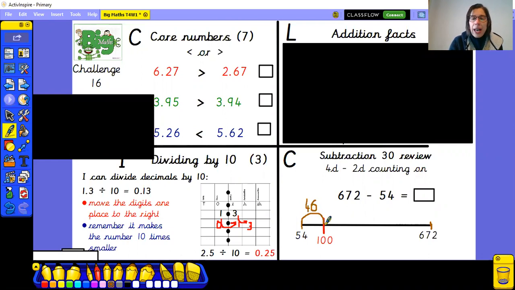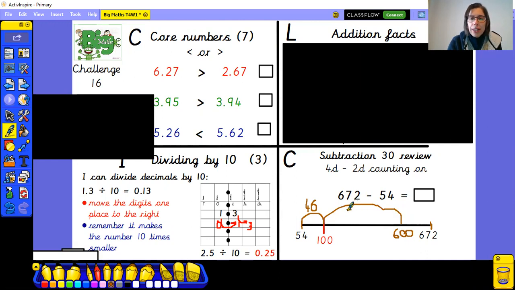Now I'm going to have another massive jump from 100 to 600. What is the difference between 100 and 600? Or what is the value of this gap here between 600 and 100?